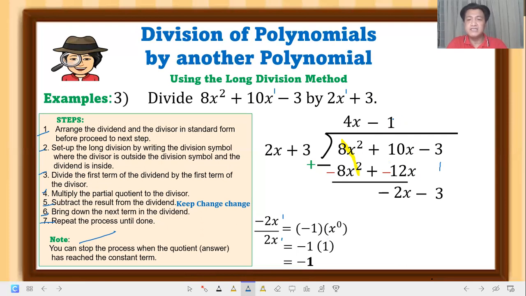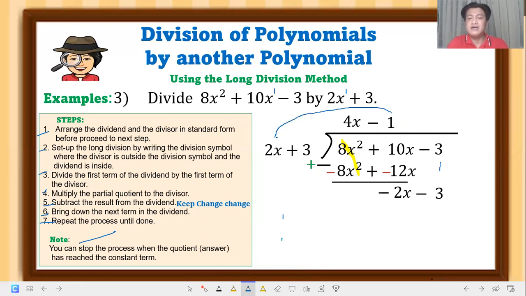Since constant term yan, yung negative 1, so may idea na tayo na hanggang dyan lang yan. Then you have to repeat the process. You have to multiply again, negative 1 times 2x. That is equal to negative 2x. And then also multiply ulit natin si negative 1 times 3, that is equal to negative 3. And then you have to subtract the result. Okay, meaning to say, remember, mag-change tayo from subtraction magiging addition at yung sign ng ating subtrahend magre-reverse siya or magpapalit. Negative kasi yan, magiging positive na siya.